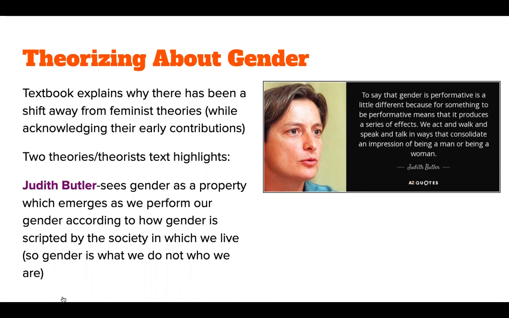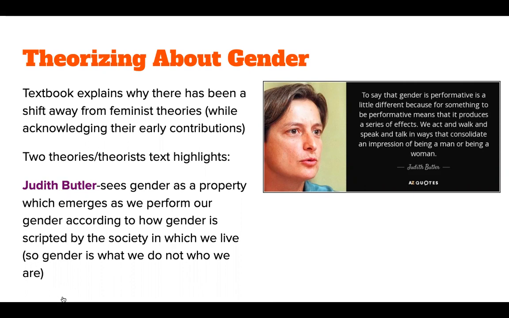Putting that in layman's terms, her point is gender isn't who you are, gender is what you do. If you do gender consistently enough, constantly upholding what they say you should do based on whether you are a man or a woman, that's really what you're doing, more so than having a real and true gender identity.